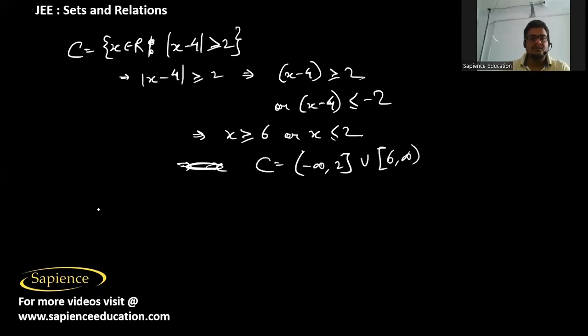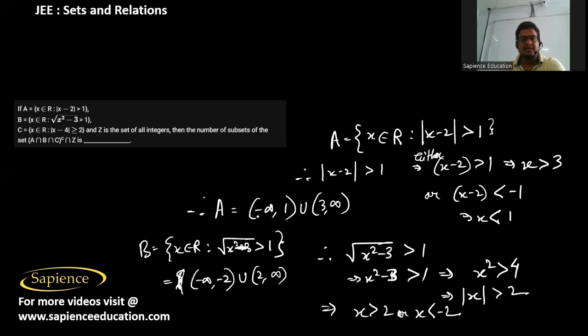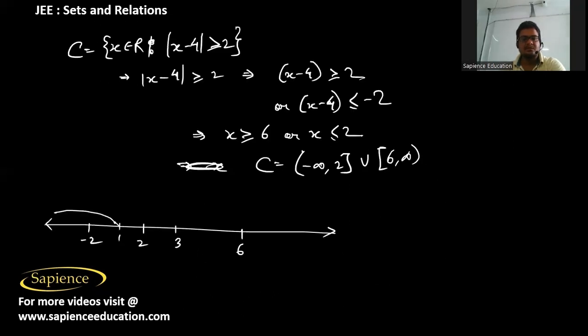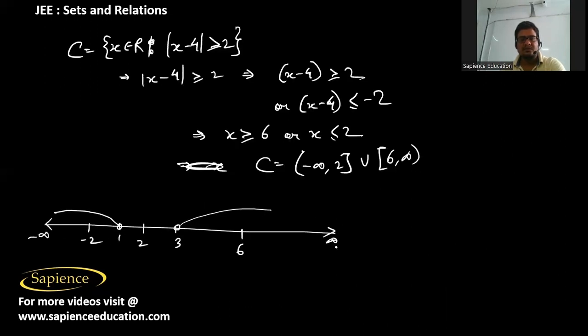Now if we draw the number line, then the set C is, this is 2, this is 6, and this is -2, this is 2, this is 1, this is 3. Okay, this is 1, and here we have 3. So the set A is minus infinity to 1 union 3 to infinity, 3 is excluded, and this is in minus infinity to infinity.